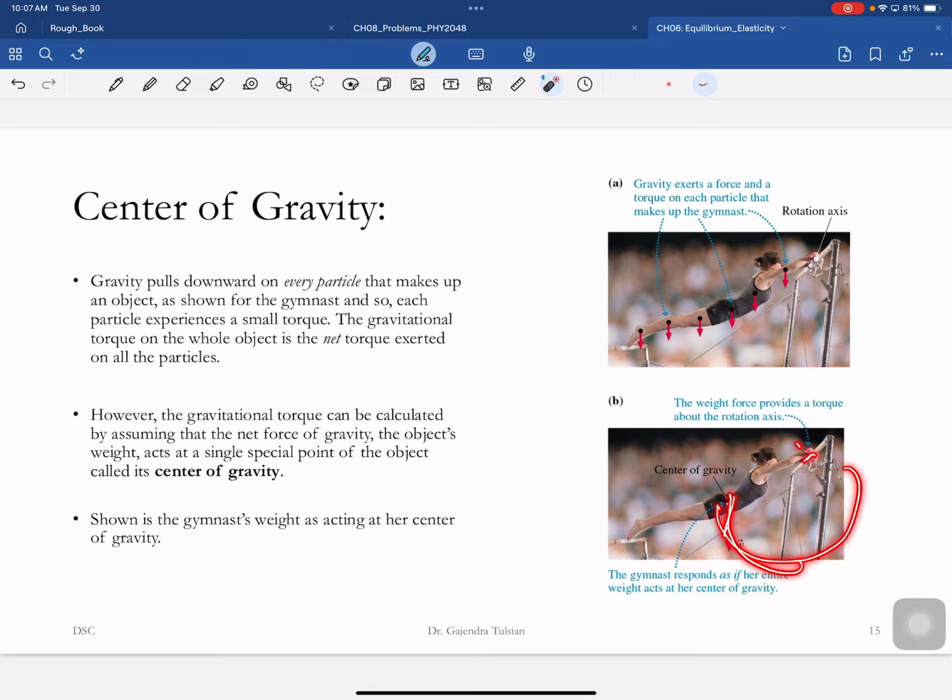Gravity pulls downwards on every particle that makes up an object, as shown for the gymnast. However, the gravitational torque can be calculated by assuming that her entire weight is acting at this point. So you need to know that, and that's your center of gravity. And you need to know that for many things.